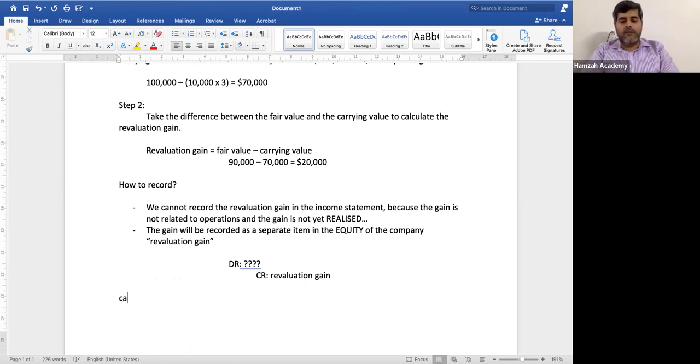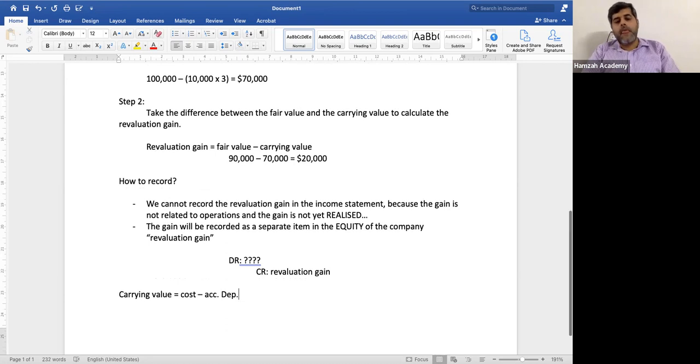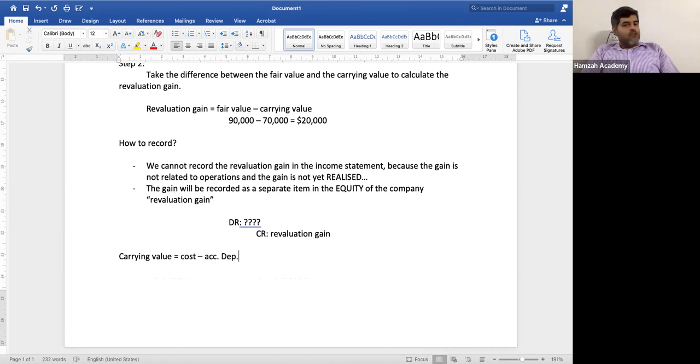Now, what is the carrying value? This is cost minus accumulated depreciation. Cost, we already know, is the amount for which we got the asset. Accumulated depreciation is the depreciation of all the years, right? Now look here.